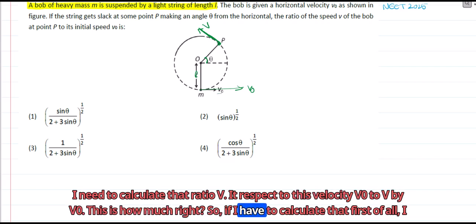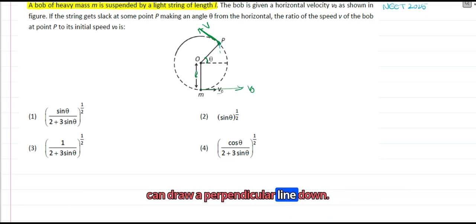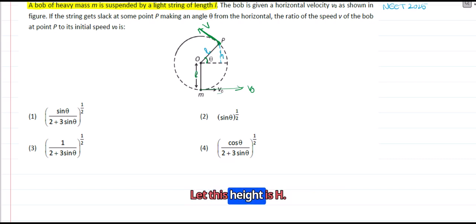To calculate that, first of all, I can draw a perpendicular line down. This is the string length L, the same L. Let this height be H. So in that triangle, I can write sin theta equal to H by L. So H is equal to L sin theta.